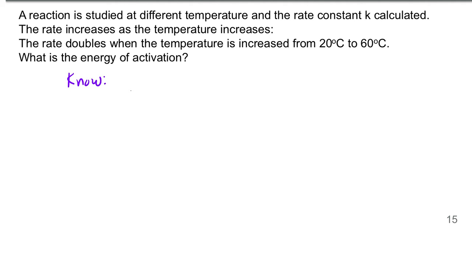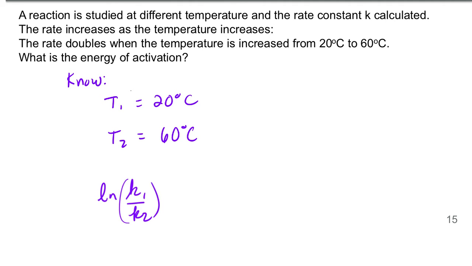So we know that T1 is equal to 20 degrees Celsius, T2 is equal to 60 degrees Celsius. And for our two-point Arrhenius equation, we have ln of the rate constant 1 over rate constant 2 is equal to E sub A, the activation energy, over R, the gas constant, times 1 over T2 minus 1 over T1.